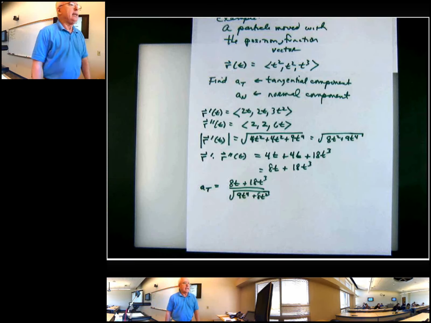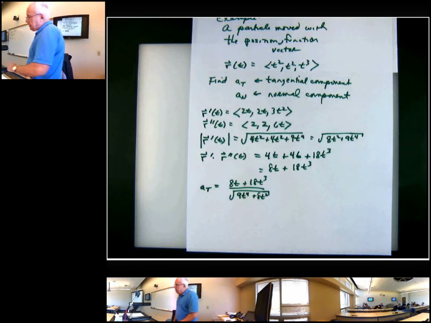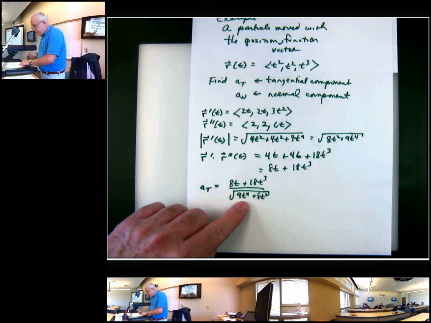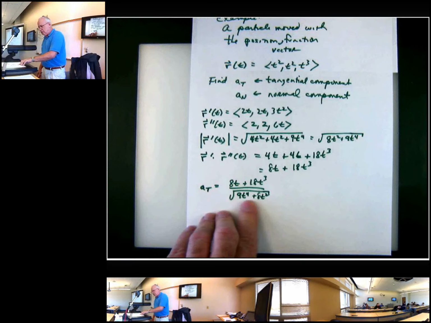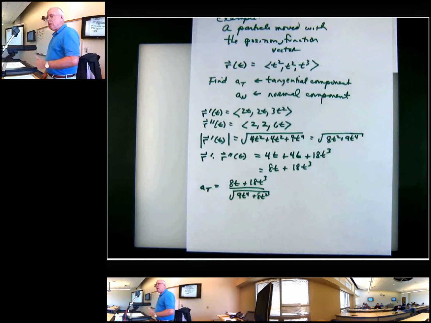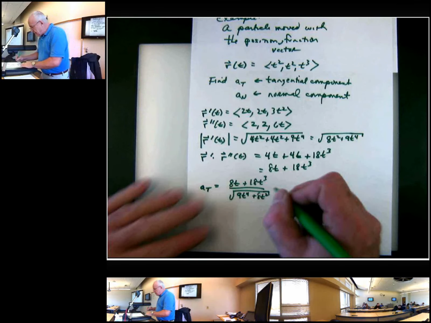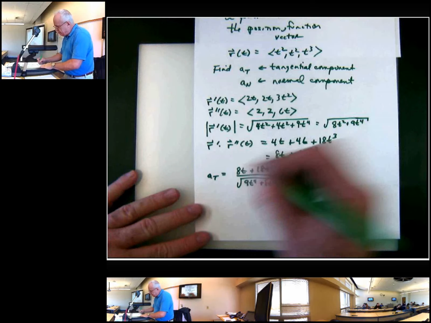Just plugging it in. This can be simplified a little bit. I can take a t squared out of the radical and simplify it. I won't put that down here, but I can do that.